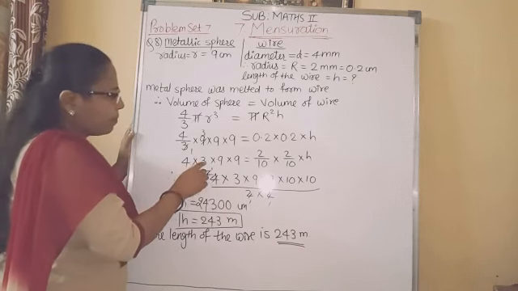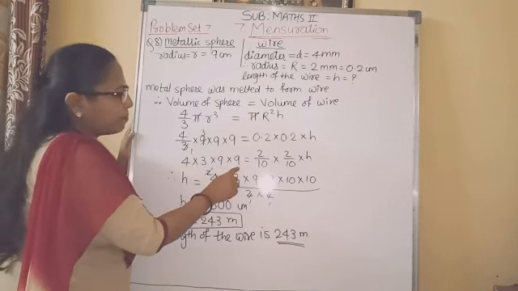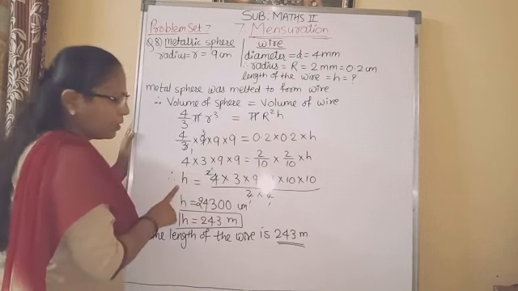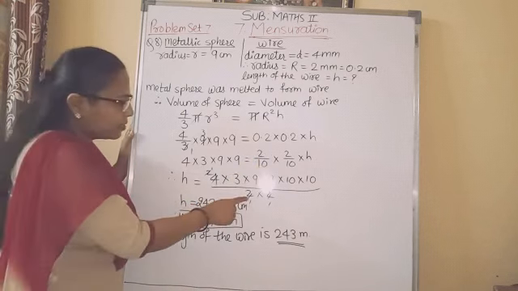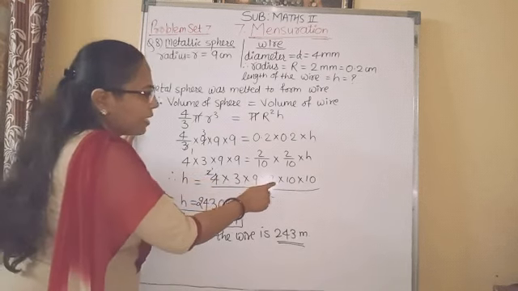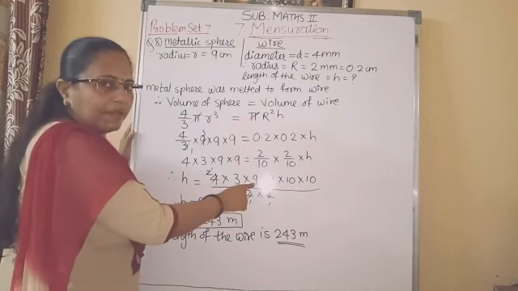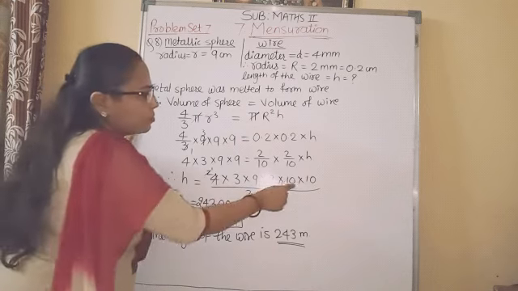So 4 multiply by 3 multiply by 9 multiply by 9 multiply by 10 multiply by 10 divided by 2 into 2 equal to h. Now divide this. 2 1s are 2, 2 2s are 4. 2 1s are 2, 2 1s are 2. So we have here 3 into 9 into 9 into 10 into 10. So 9 9s are 81. 81 into 3, 243, and these 2 0.